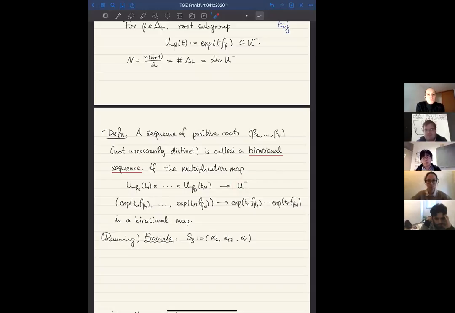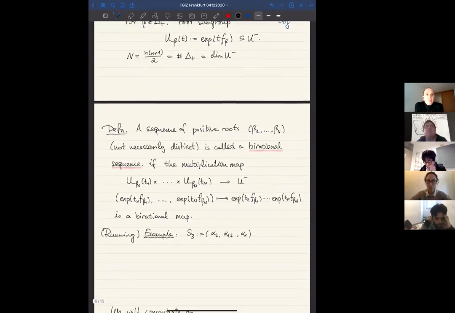And U minus is a group, so I can multiply them together, and this is a multiplication map. So I take exponential t_1 f_beta_1 up to exponential t_N f_beta_N, and I just multiply them together. And I call this sequence a birational sequence if this multiplication map is birational. This definition is essentially motivated by the Newton-Okounkov theory.